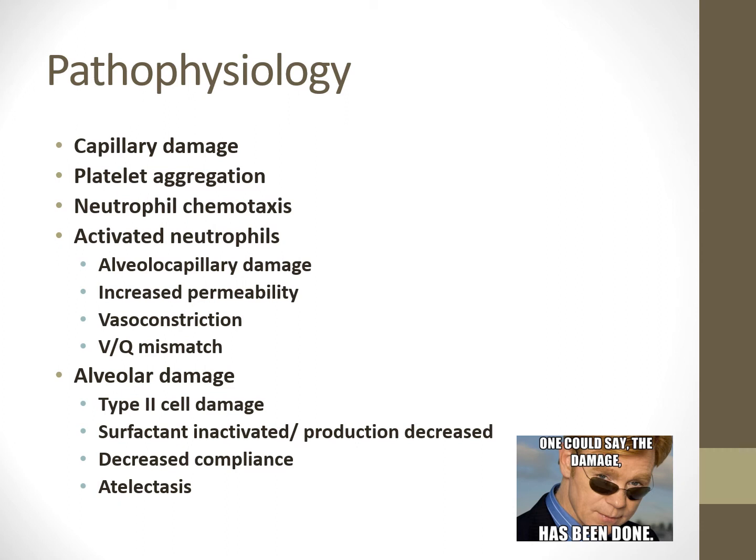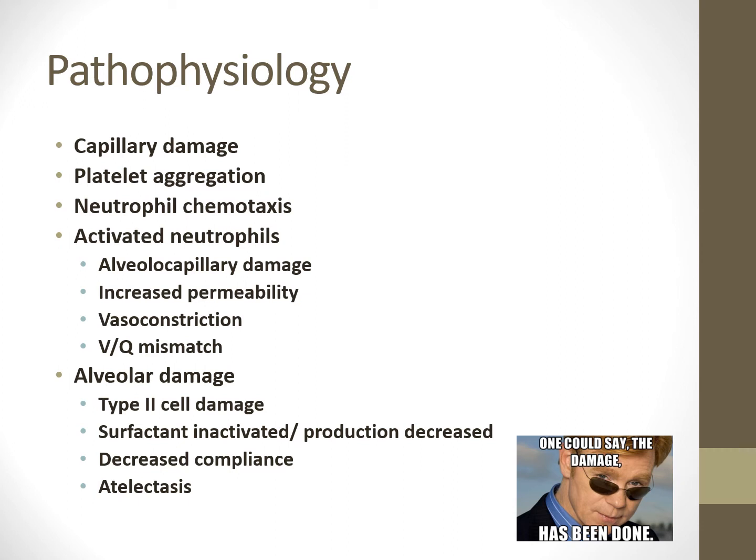I'm going to mention this now, and I know it comes up again in a couple more slides, but ARDS can be divided into two different phases. The first phase is the acute exudative phase, which is characterized by inflammation and alveolar filling.